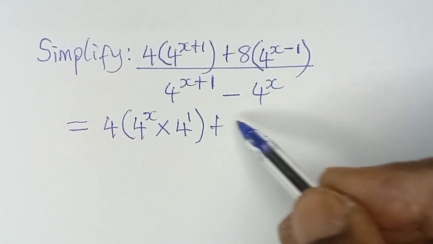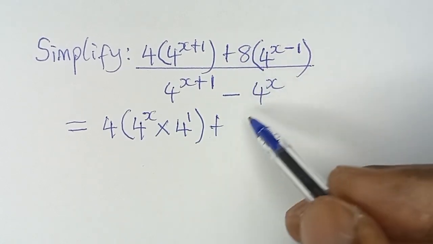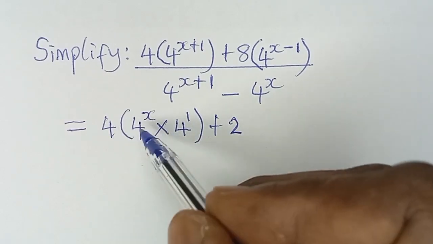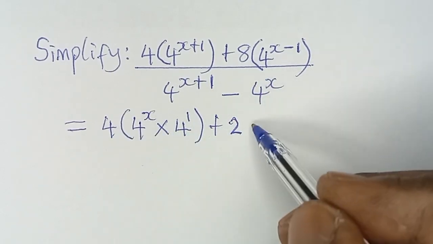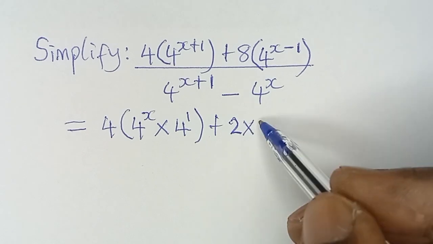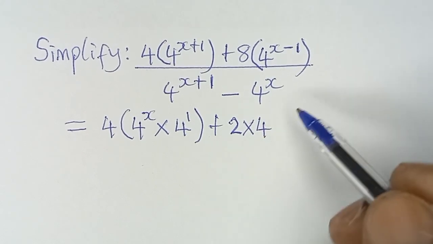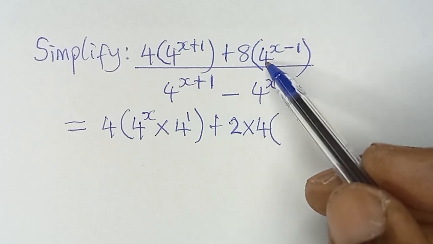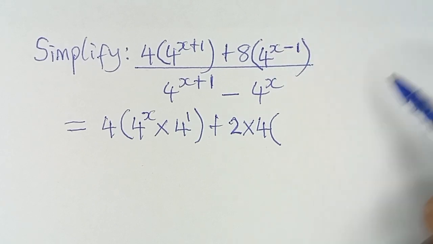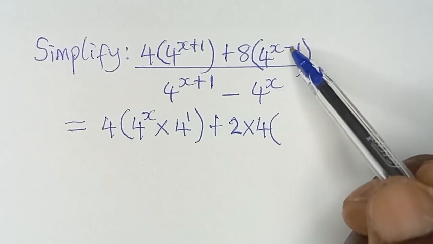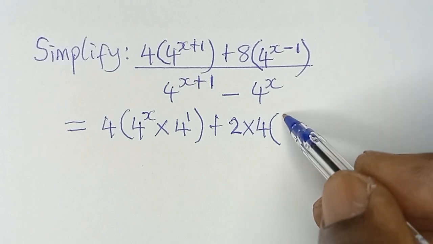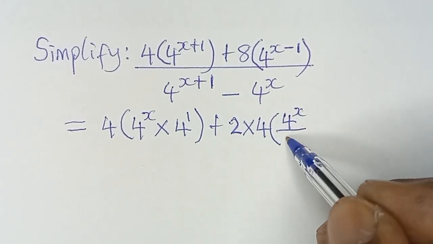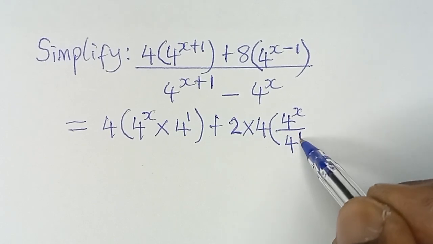And then plus 8 now, I can break down to 2 times 4 because I need 4, as you can see, 4 is common everywhere. So I'm going to say 2 multiplied by 4 and then open up brackets. Now, this one that is 4 raised to the power x minus 1, according to indices, because of this subtraction, it is going to be 4 raised to the power x all divided by 4 raised to the power 1.